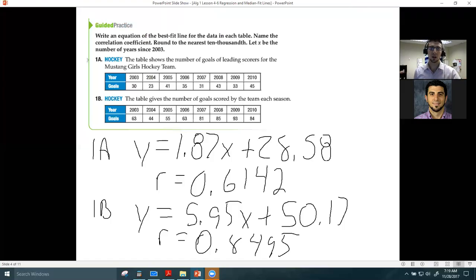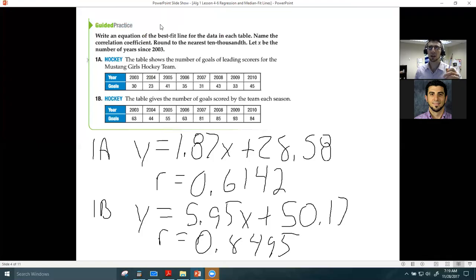Now, if we're letting X be the number of years since 2003, your L1 in this case would have been 0, 1, 2, 3, 4, 5, 6, 7.